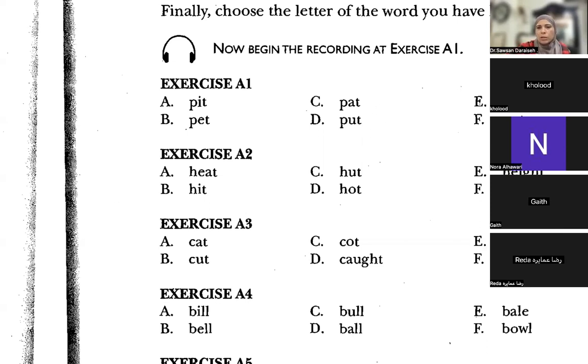How about this one? Pout. What does that mean? To pout. Who knows what pout means? Pout and pot. What's the difference between them? Who can tell me? Come on, guys.